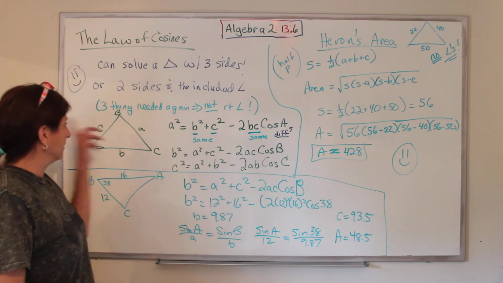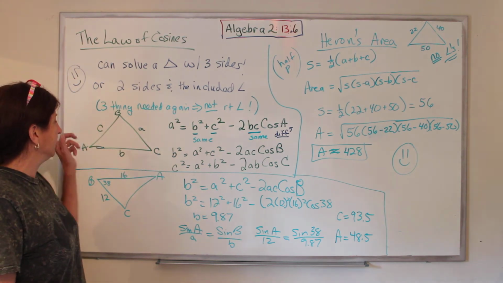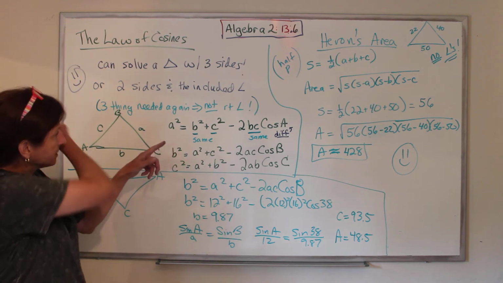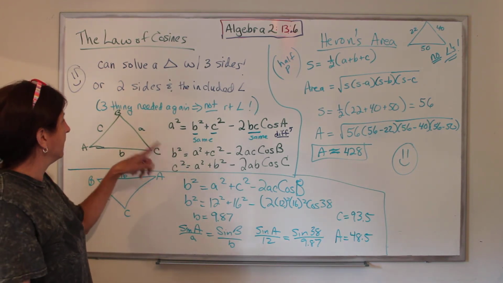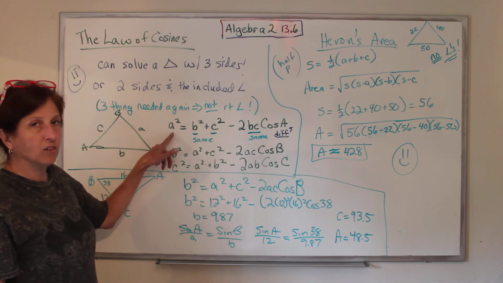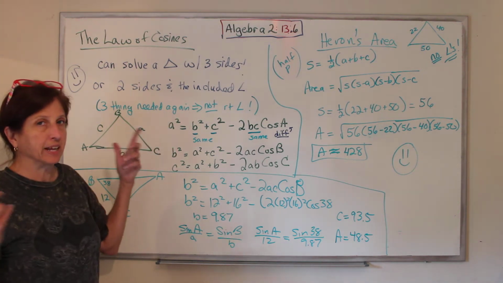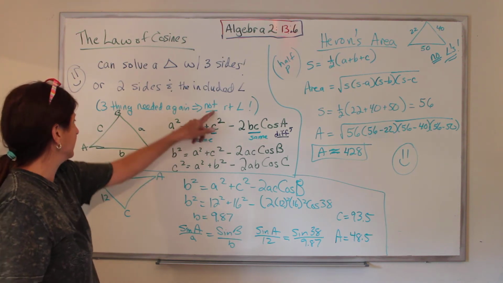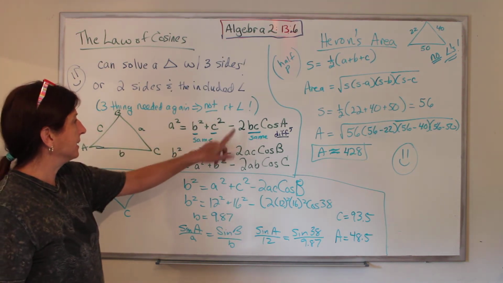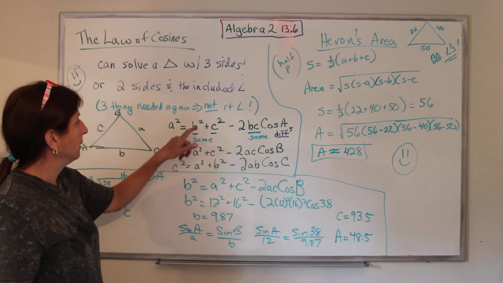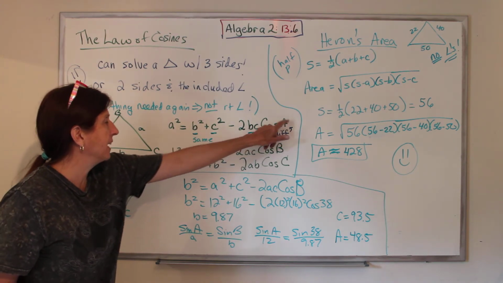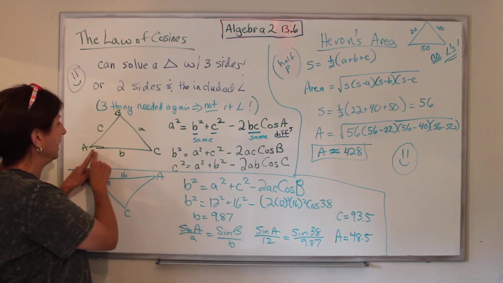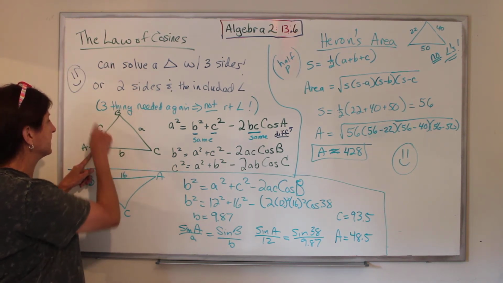So, here is my triangle, angles A, B, C, sides a, b, c. This is how it works. This little a we can solve: a squared, and we can take the square root of both sides, equals b squared plus c squared minus 2bc cosine A. If I have A, then I have b and c.